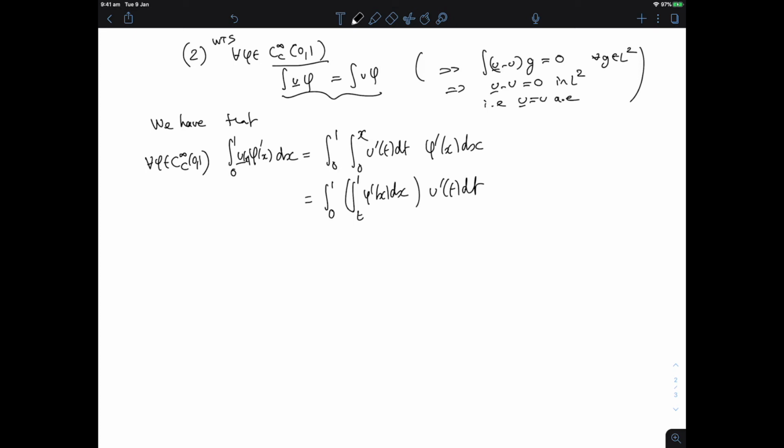Now phi prime is a classical derivative of phi, which is C infinity, so you can apply the fundamental theorem of calculus to that, and what you would get is phi of 1 minus phi of t. But remember that phi is compactly supported, so phi of 1 has to be 0.